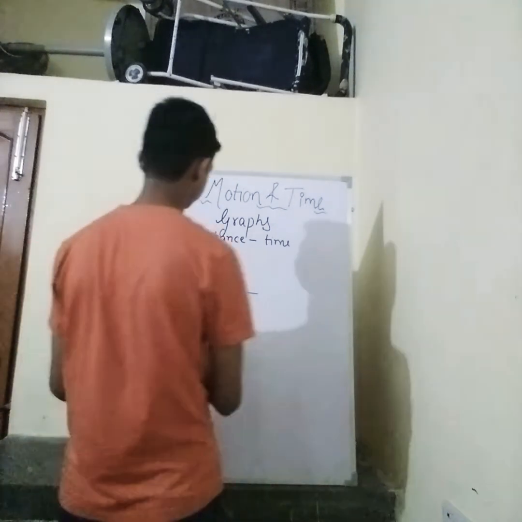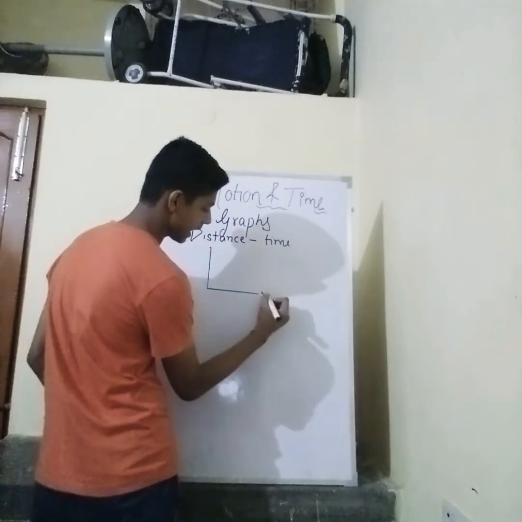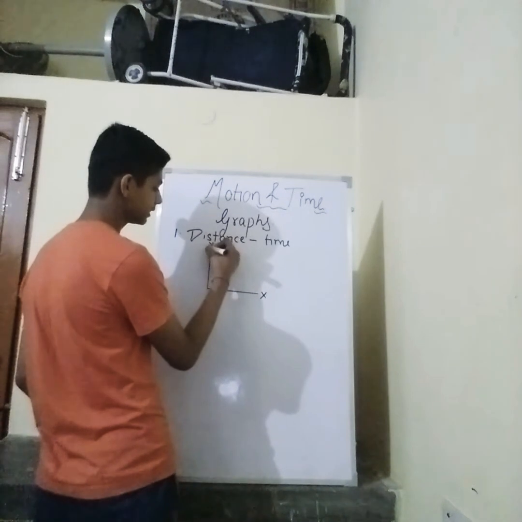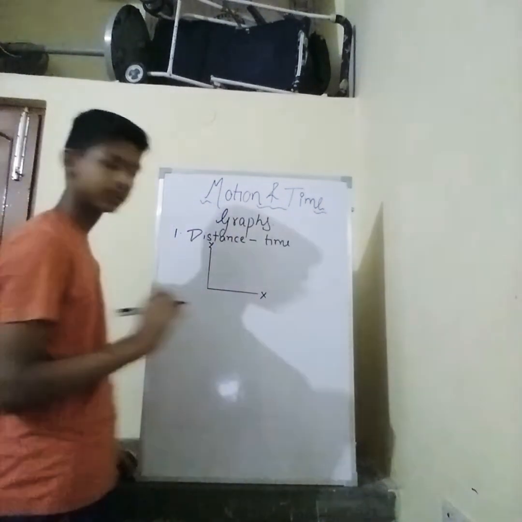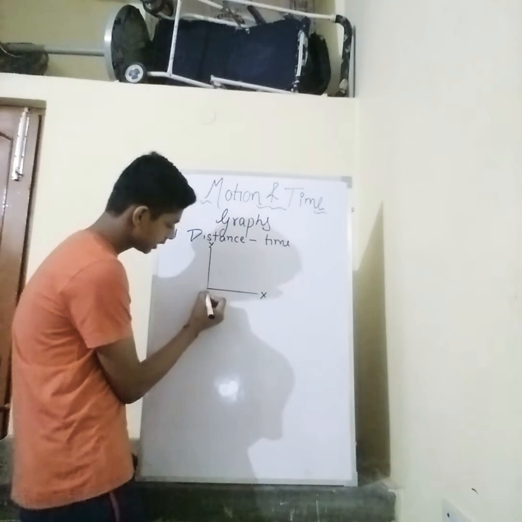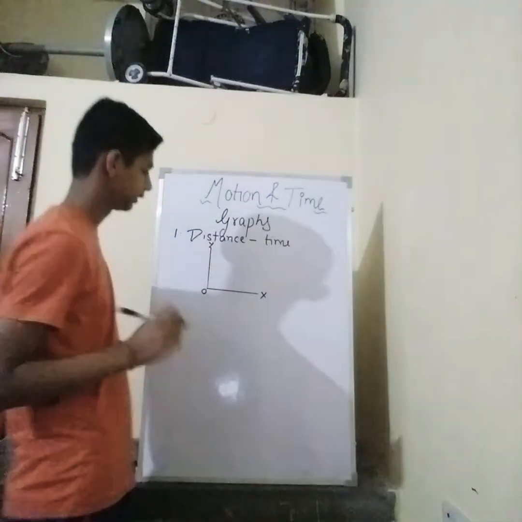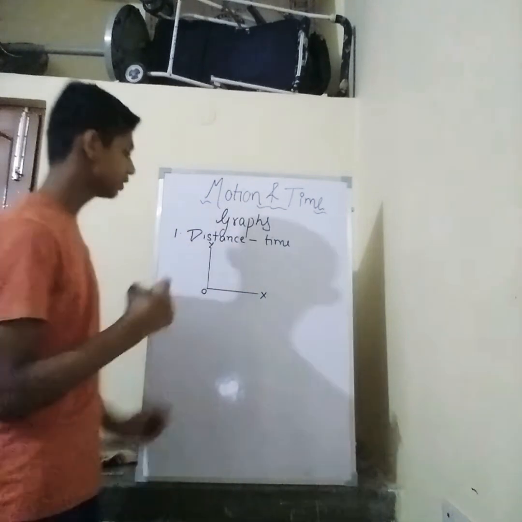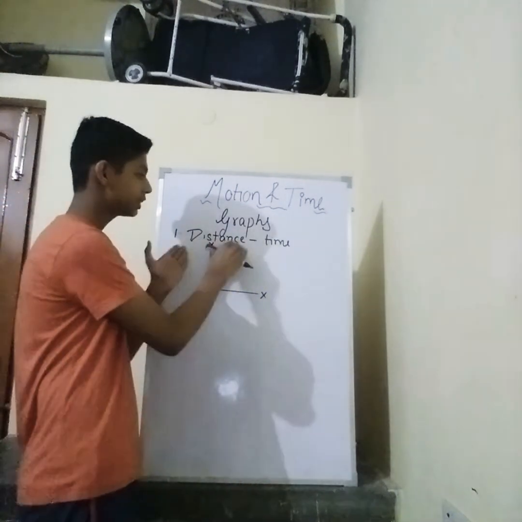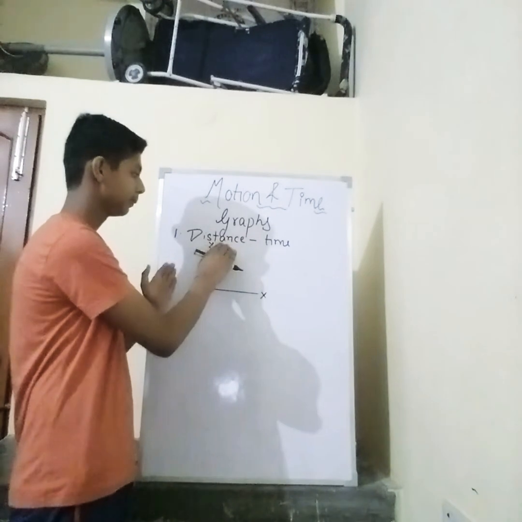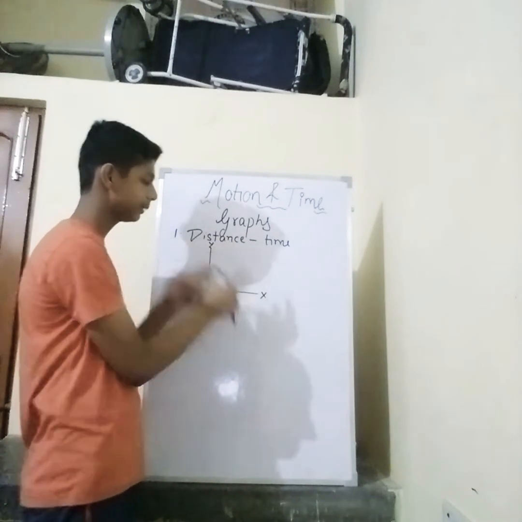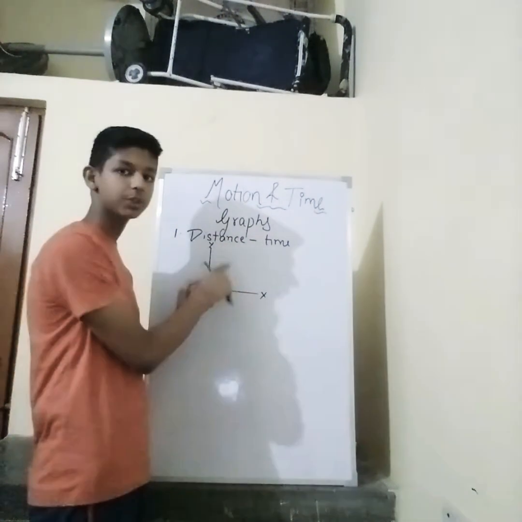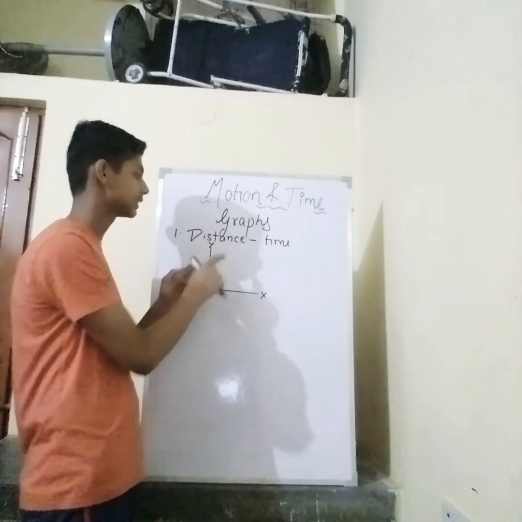Okay, this is the x-axis and this is the y-axis. This is the origin point. Now I will tell you which quantity will be plotted on the x-axis and which on the y-axis.